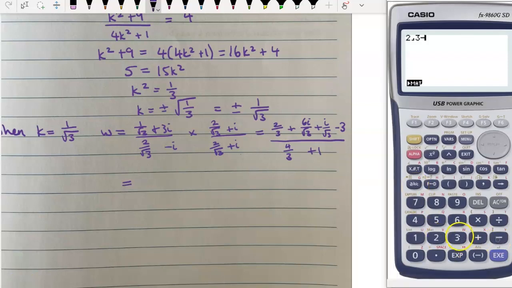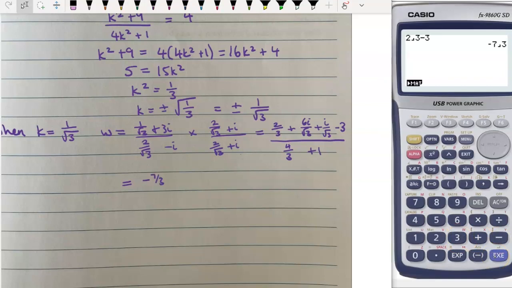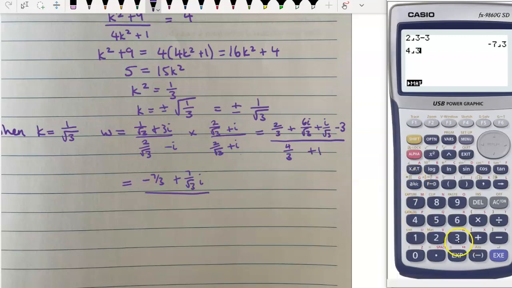Okay, so 2/3 minus 3 is equal to minus 7/3. And then we have a 6 over root 3 plus a 1 over root 3, so that will be plus 7 over root 3 i. And on the bottom, 4 over 3 plus 1 is 7 over 3.